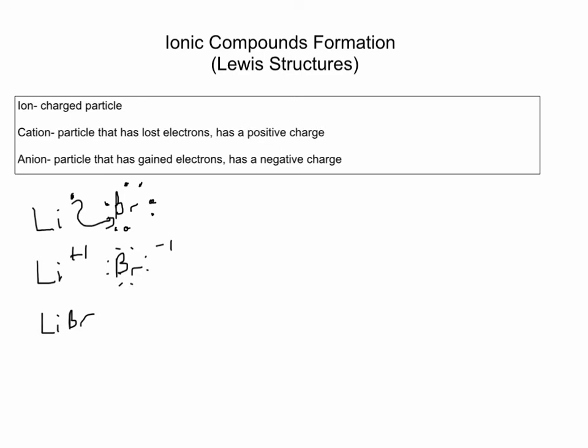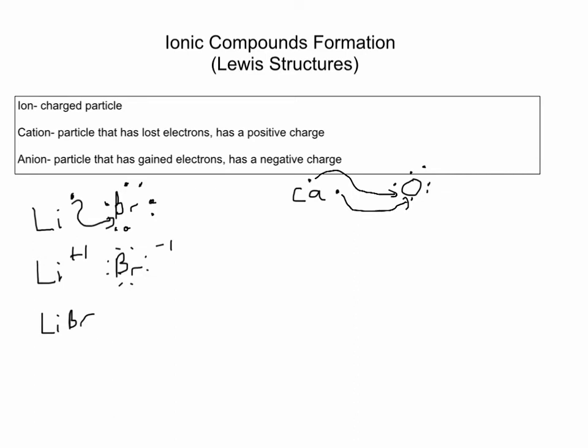If we look at another example, let's say we have calcium. Calcium has 2 valence electrons, and we'll react that with oxygen. So oxygen has 6 valence electrons. Calcium needs to lose 2 electrons. Oxygen needs to gain 2 electrons. So both of these electrons are going to go over to oxygen.